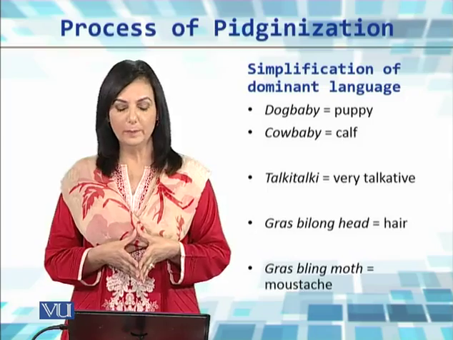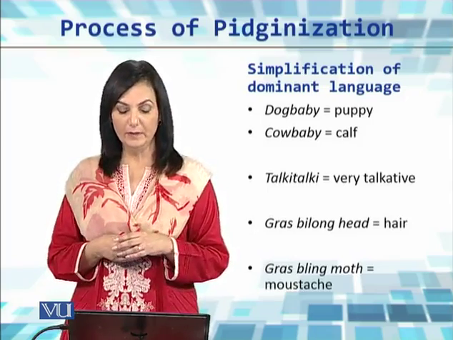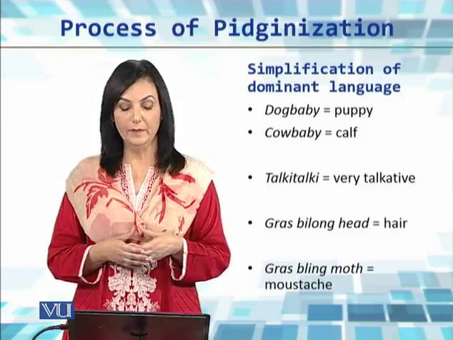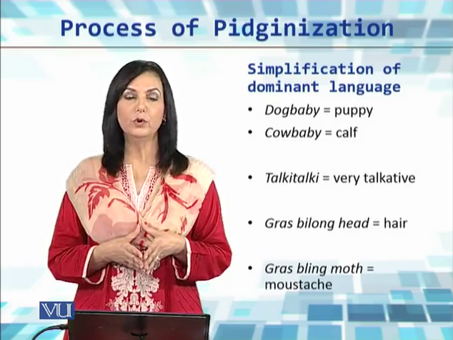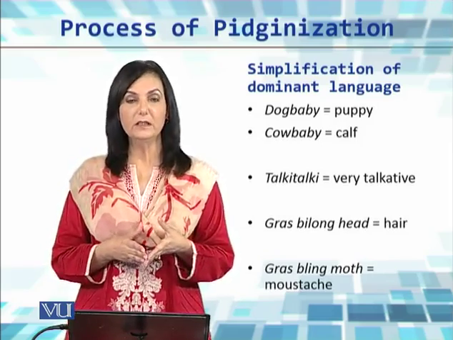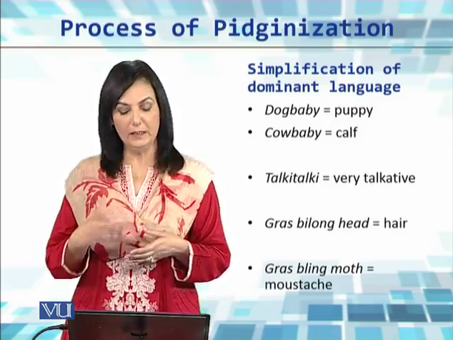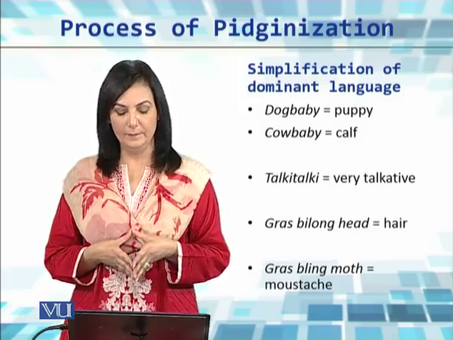There's also compounding of the nouns that we see in the pidgin vocabulary. For example, a "dog baby" will be a puppy. A "cow baby" will be a calf. To show emphasis, they use a lot of reduplication. For example, "talkie-talkie" will mean very talkative.